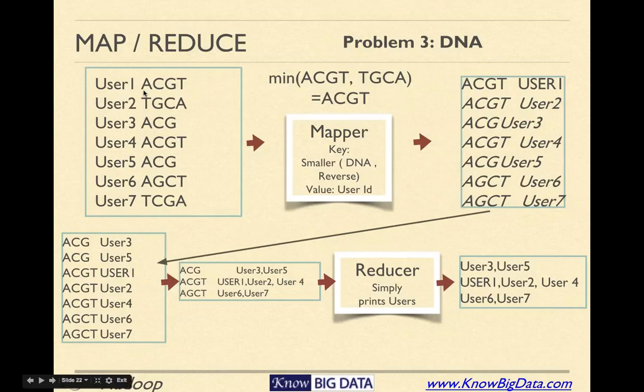So from here you can see, who is smaller out of ACGT and TGCA? Quickly, who is smaller? ACGT, brilliant. Okay, and who is smaller of TGCA and ACGT?